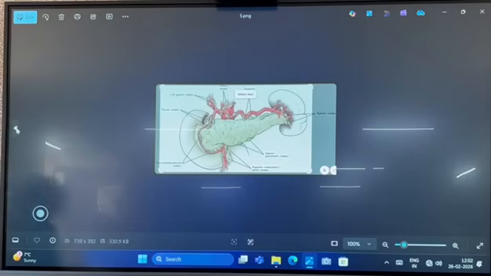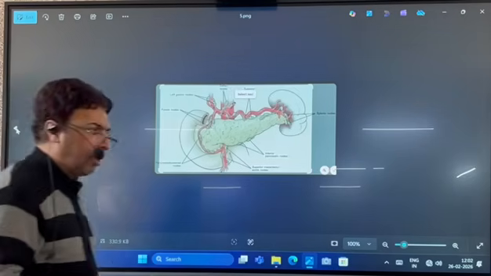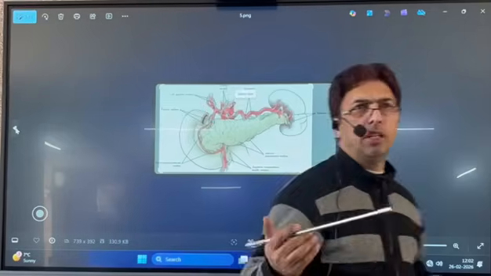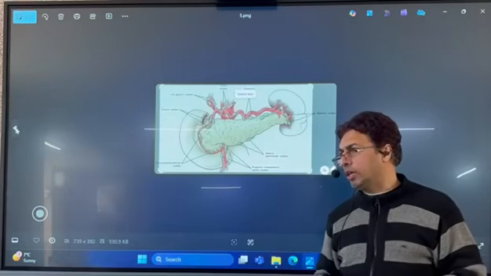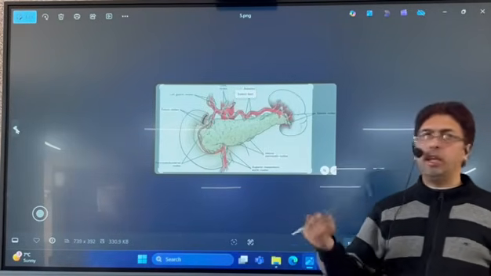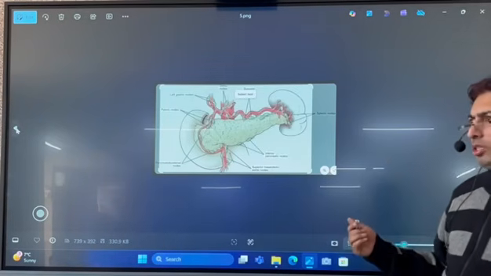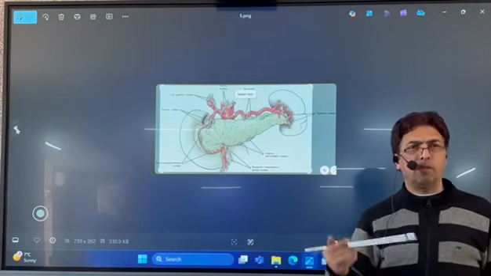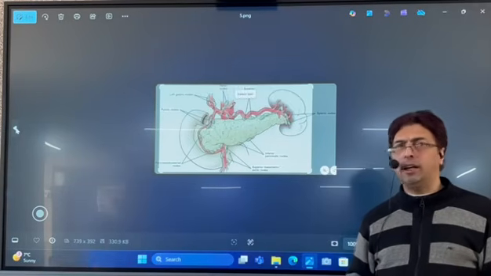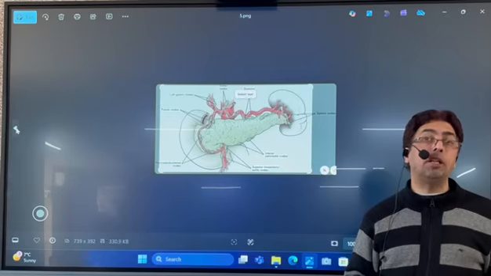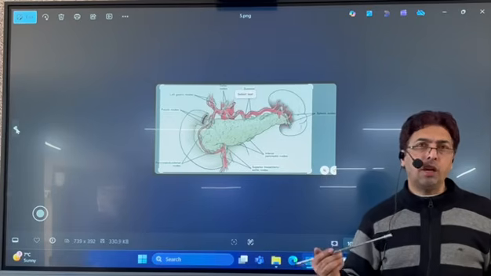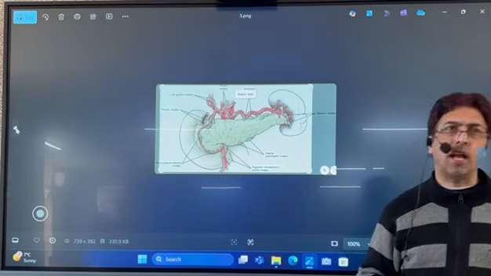And then sometimes during embryogenesis there is this important thing: there is the development of the tissues initially, and there will be abnormal implantation of a normal tissue at an abnormal site.